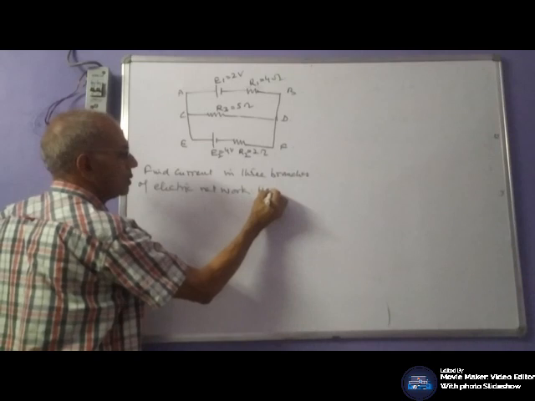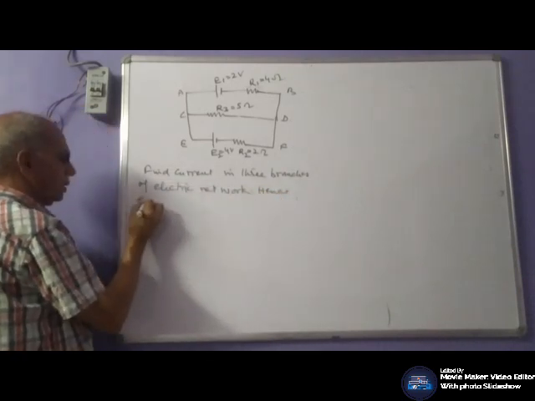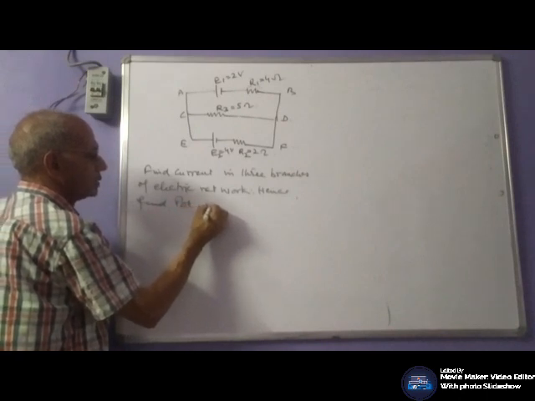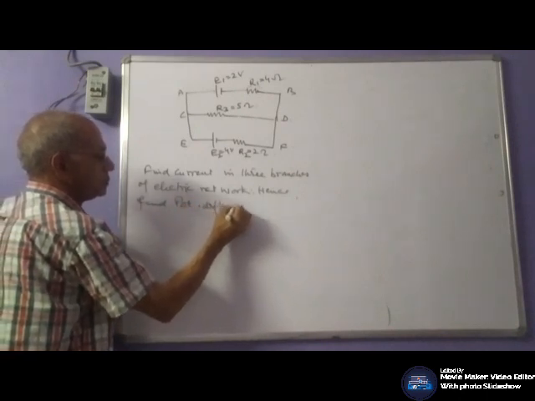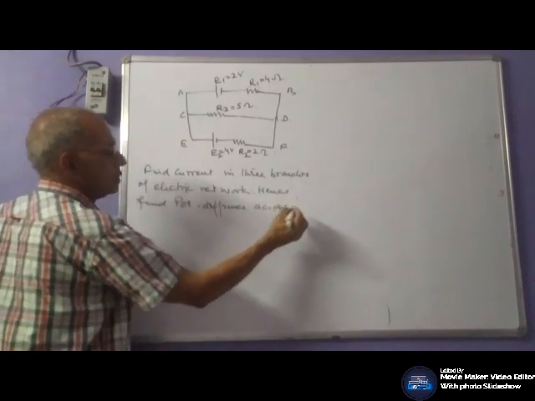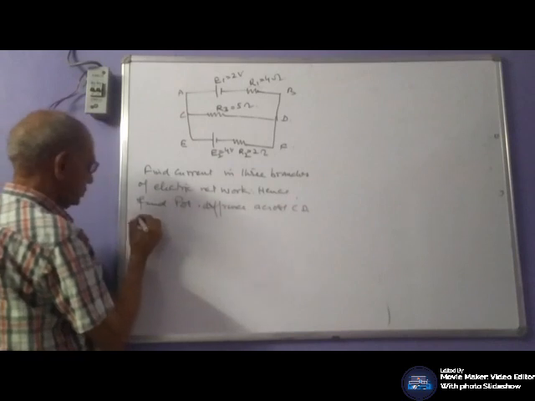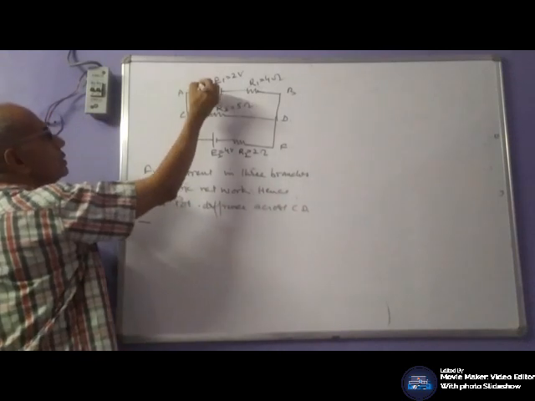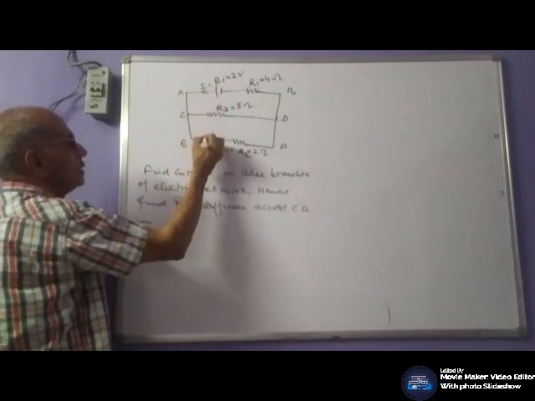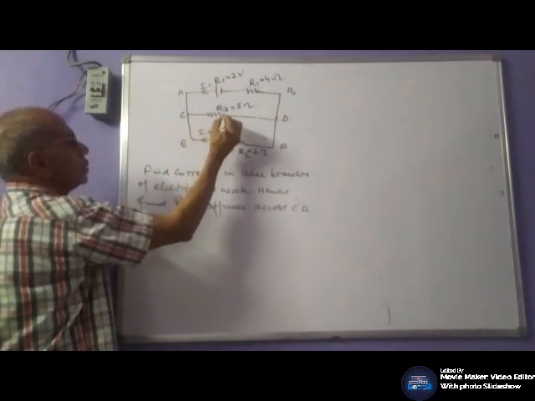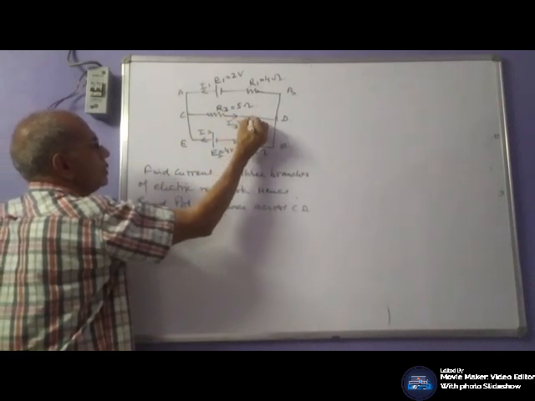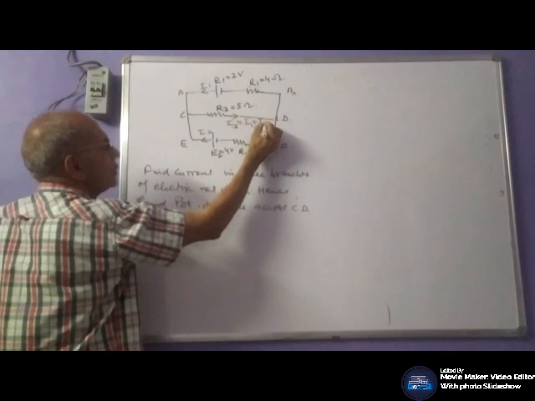Hence, find potential difference across CD. Say this is current I1, this is current I2, so this will be current I3 and I3 will be I1 plus I2.